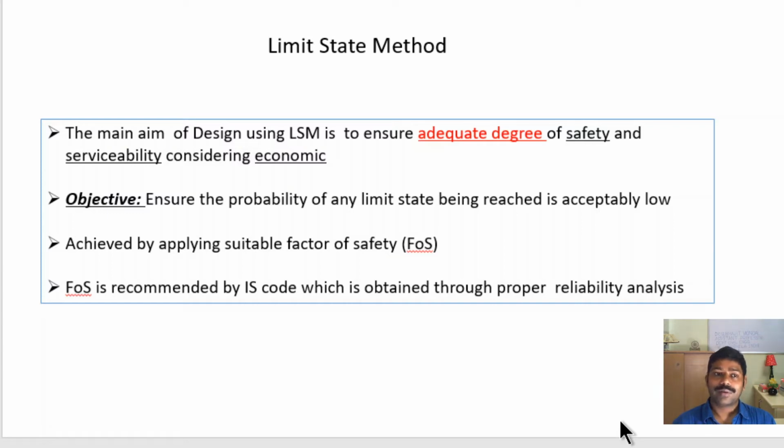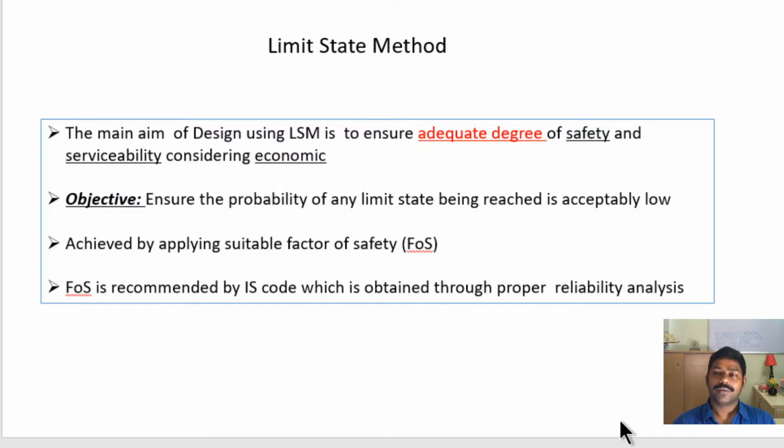And this factor of safety you can find in the IS code. The IS code recommends it, and the IS code also obtains it through proper reliability analysis. It is not like somebody gives you some factor of safety and you apply it. For that factor of safety, the IS code is conducting proper reliability analysis for the stress as well as for the loading conditions.